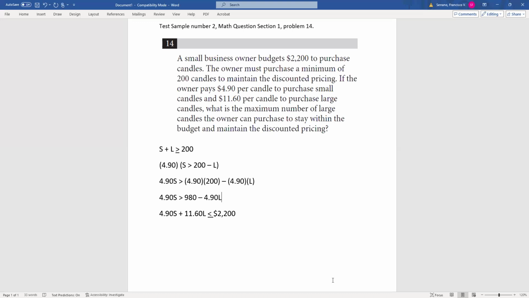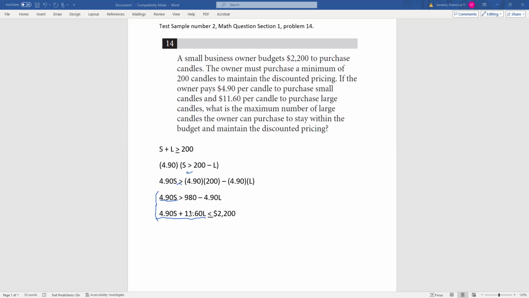First of all, we know that it's going to be greater than or equal to, but that's not important. So I'm looking at the last two expressions, and to make the left side equal to that side, I'm missing obviously the plus 11.60 L.